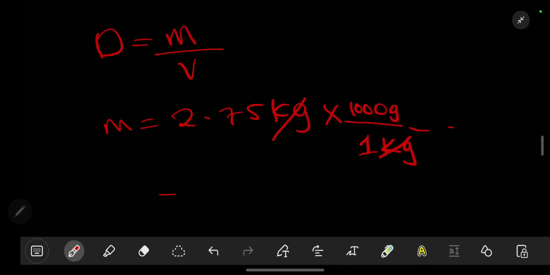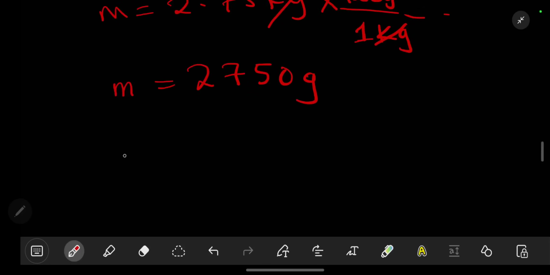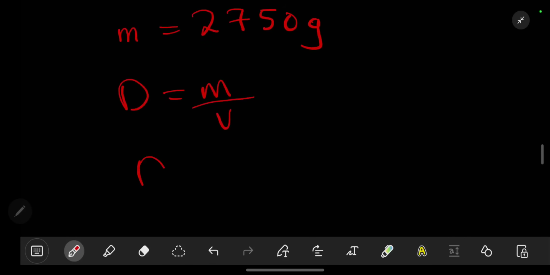Then we are going to multiply. 2750 will be the answer if we multiply this and this. So this will be when you press on your calculator. With that done, we are going to say density is equal to mass over the volume. So the mass is 2750, over the volume.